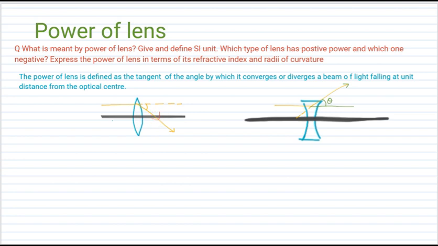It converges or diverges. Diverges means moving away from a point. Can you see it is moving away from this point?